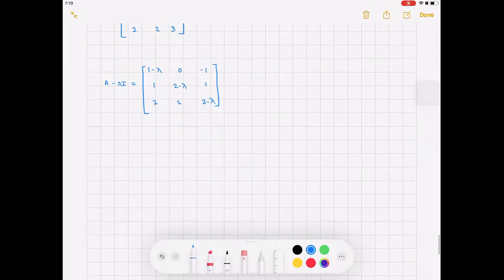Okay, now the characteristic equation is the determinant of this A minus lambda I, which is the determinant of this matrix: 1 minus lambda into (2 minus lambda, 1, 2, 3 minus lambda), plus 0, I'm not writing anything here, so minus 1, last element, (1, 2 minus lambda, 2, 2).